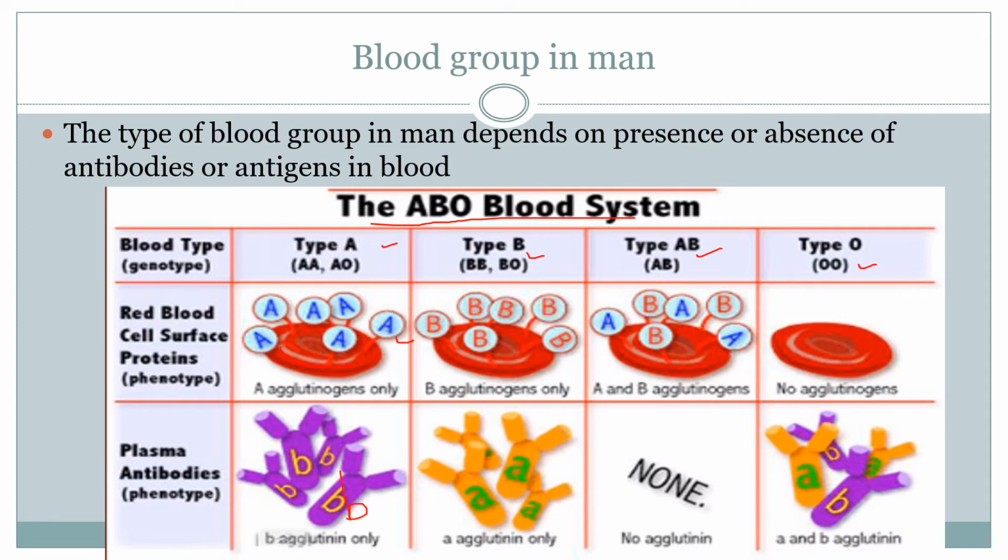The person with type B will have B antigens on the surface of RBC and A antibodies in their plasma. The person with type AB will have both A as well as B antigens on the surface of RBC and no antibodies. And in type O, there will be no antigens, but both antibody A as well as B are present in their blood plasma.